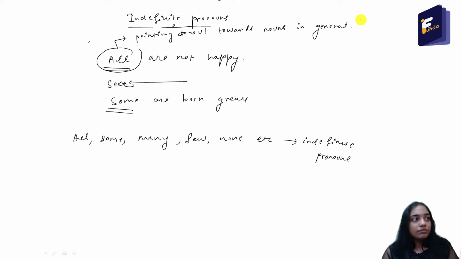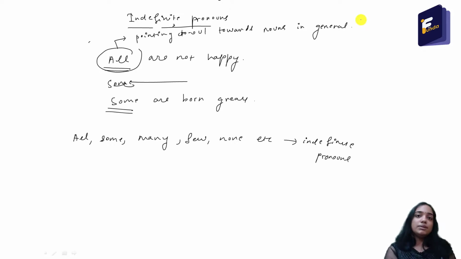If the words all, some, many, few are describing a noun, then they are indefinite adjectives. And if they are used instead of some nouns, then the same words all, some, many, few, none are indefinite pronouns.